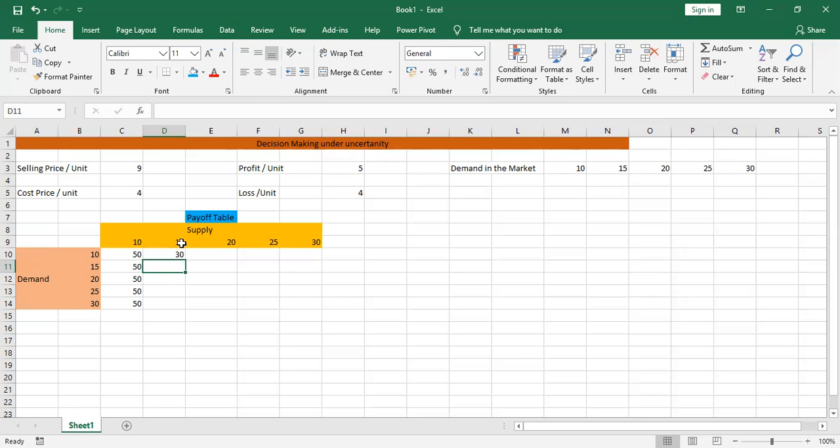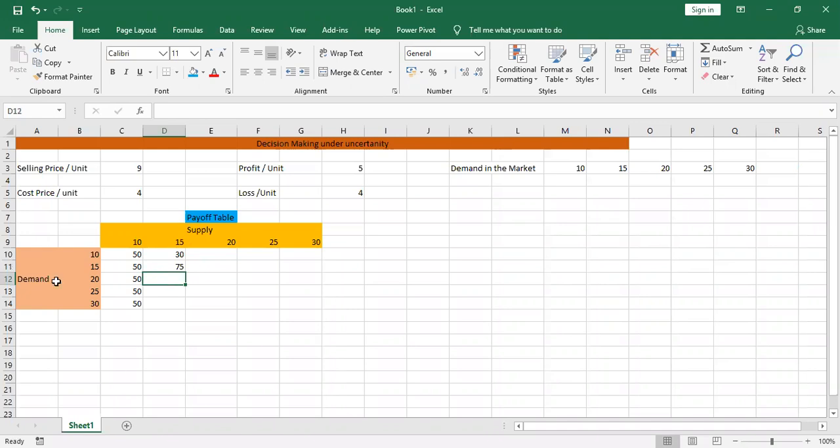Suppose I supply 15 units and demand is also 15 units. What is your profit? Because I'm getting profit on single unit is 5 rupee, and I'm going to supply 15 units in market and demand is also 15, I'll get profit of rupees 75. 75 rupees my profit.